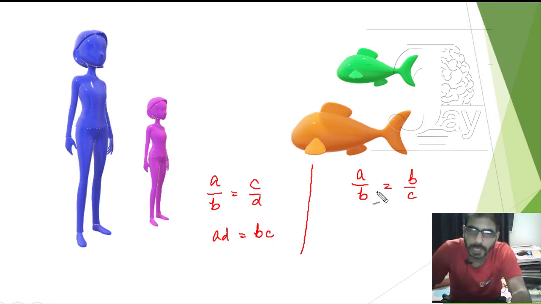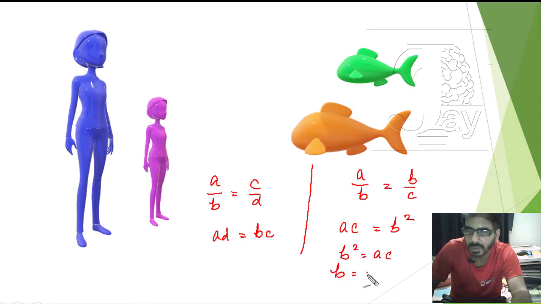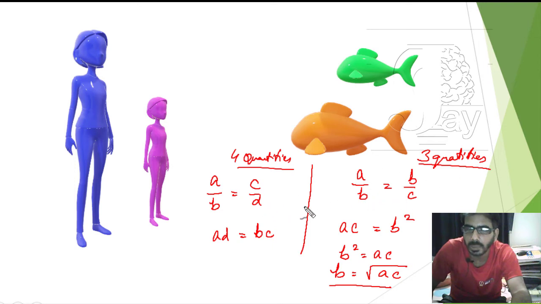Now in that case also we have the same process. We take the product of the extremes, that's A into C, equals the product of the means, that is B into B, so that's B square. So that's why we have B square equals AC and B equals root over AC. As you see, here you have four quantities and here you have three quantities, but it doesn't matter because the process is the same.